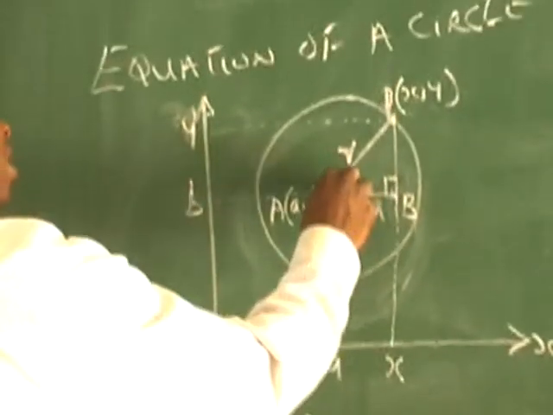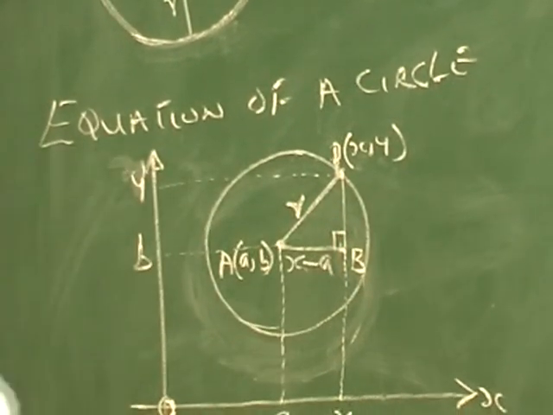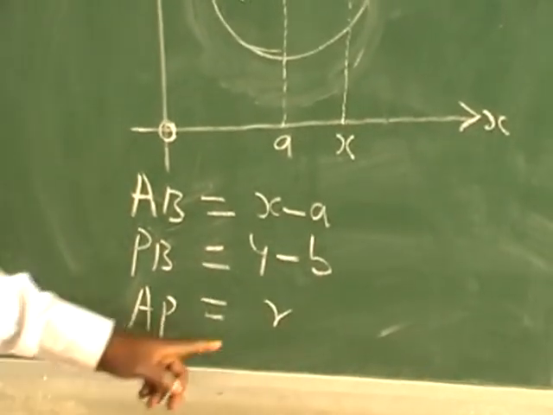Now, this is r, which is the radius. So, AP is equal to r.